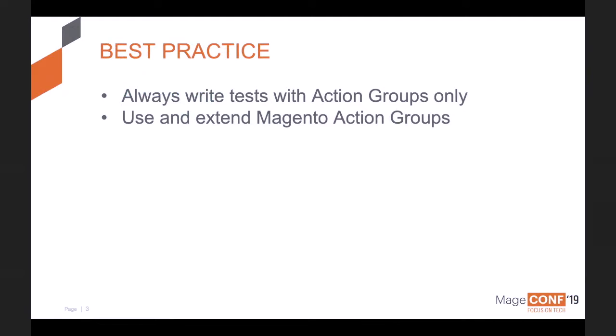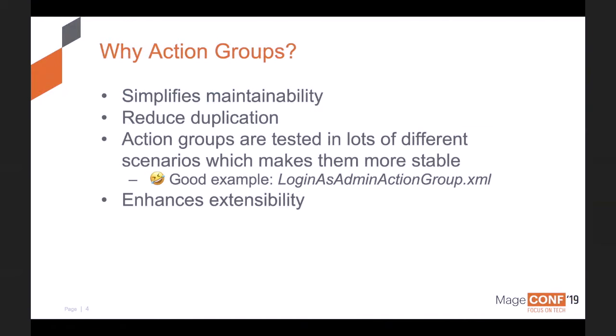But you will probably ask an obvious question: why? Why do I force everyone to write tests with action groups? I can explain with these bullet points. First of all, it simplifies maintainability.